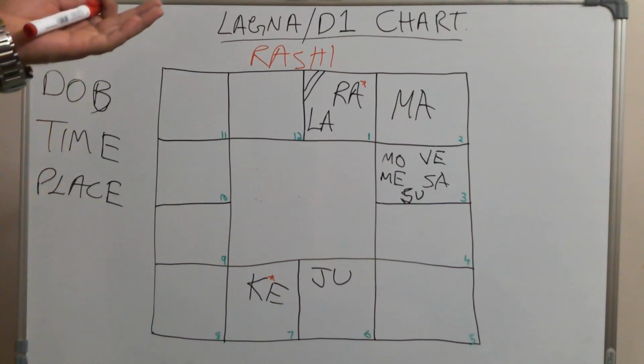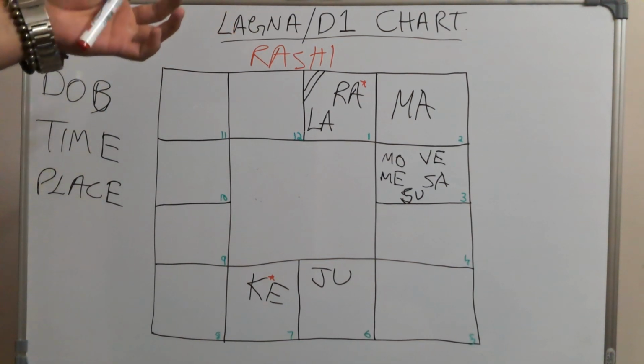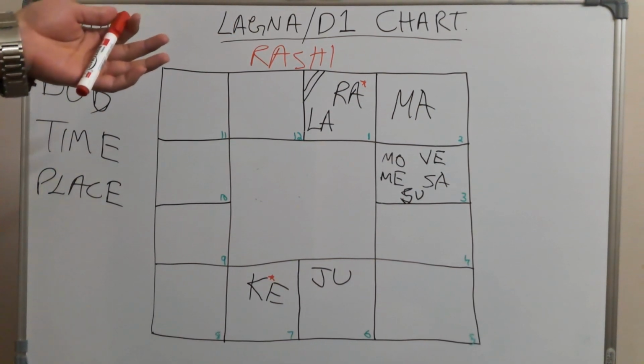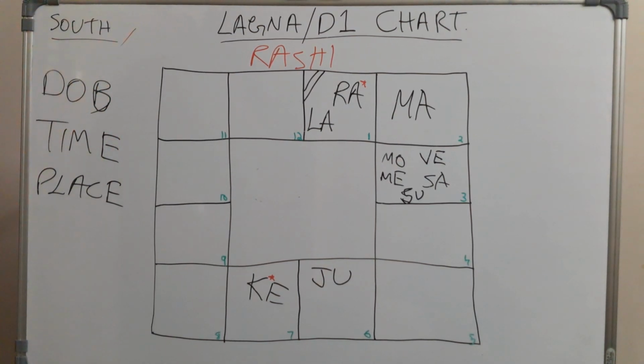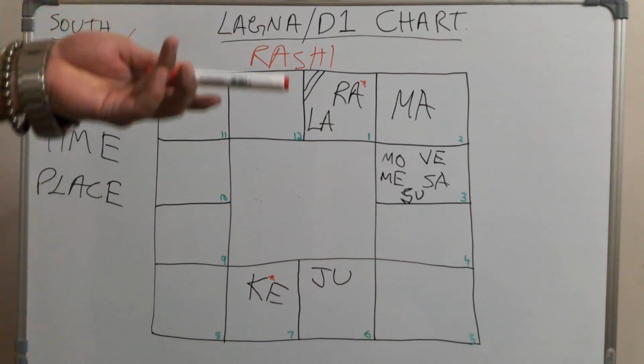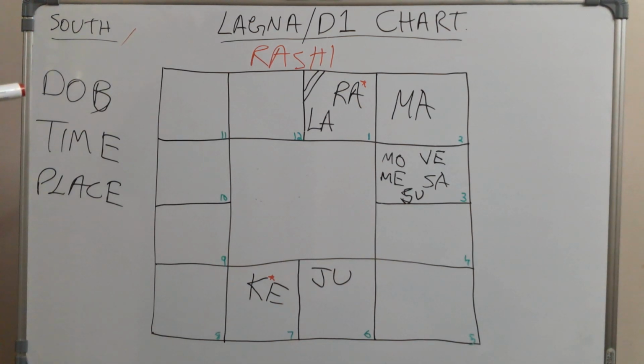This shows if the planets are placed in a strong or weak position and what the results will be. So this I'm showing just as an example.